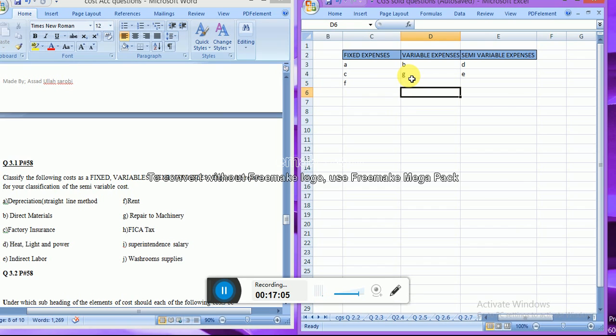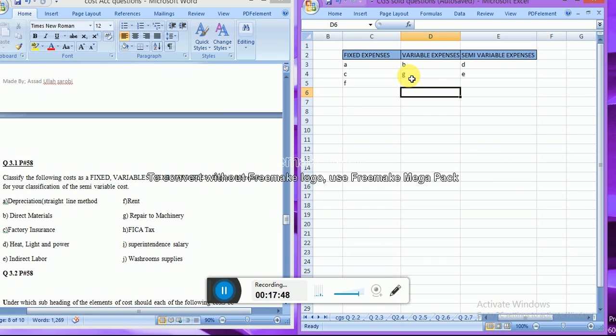H part, FICA tax. Look at, FICA tax is also applied on the income. This is just like an income tax. So FICA tax has both properties: up to certain limits it is fixed, and when income increases beyond that limit, the tax rate also changes.